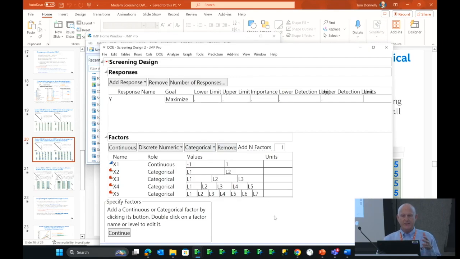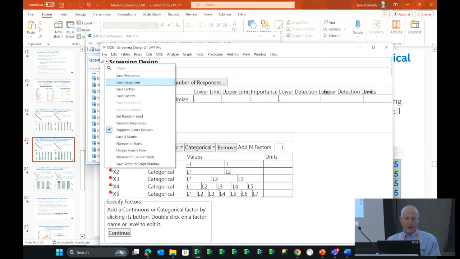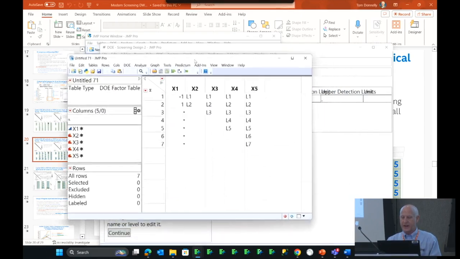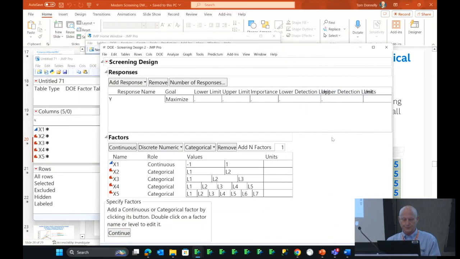So maybe this is closer to what a lot of people testing systems are. I've got these kinds of aircraft with these kinds of sensing systems with these type of weapons, in other words, there are all kinds of categorical combinations that you could have. And just to show you again, I can save these factors. So if I want to make this same design again, I'll have that handy.